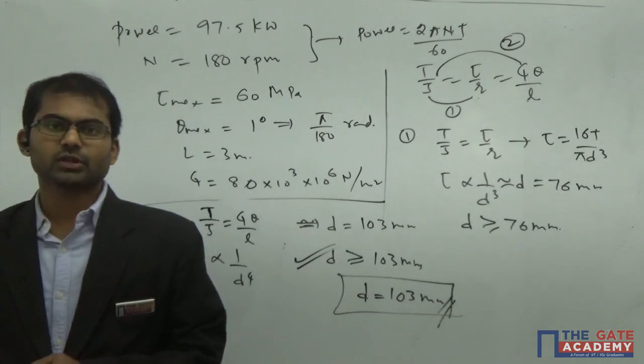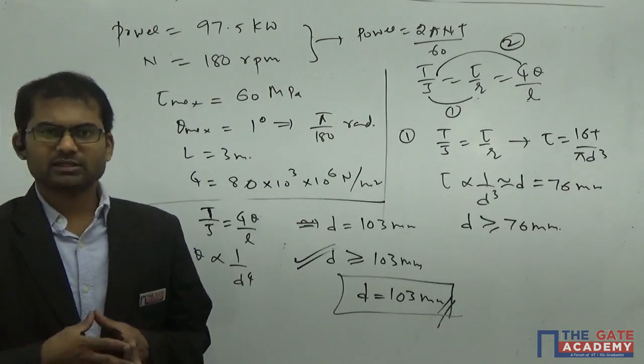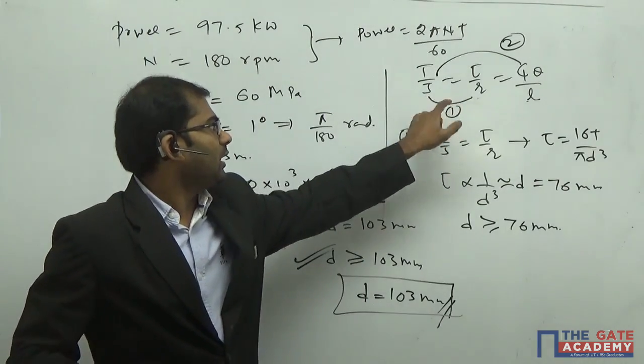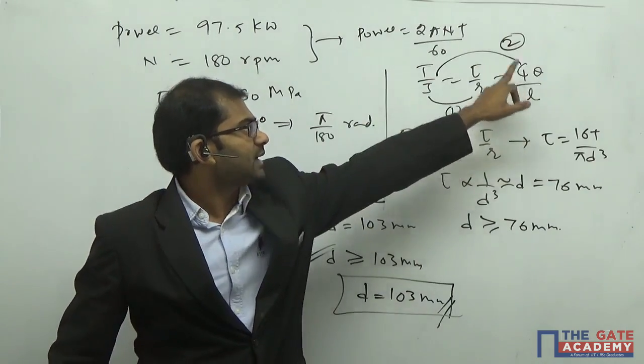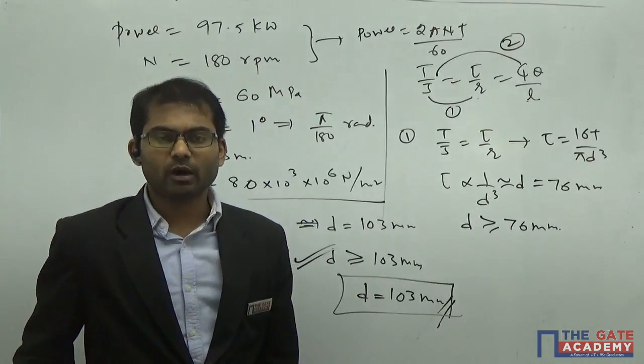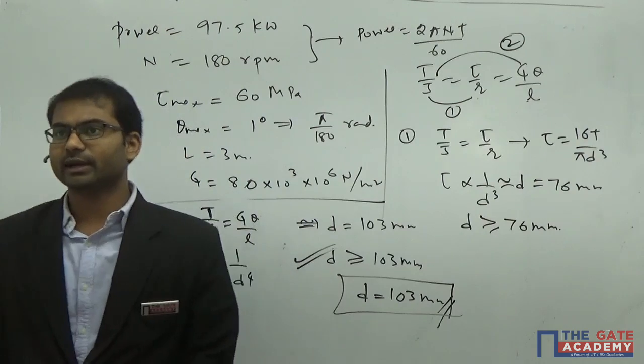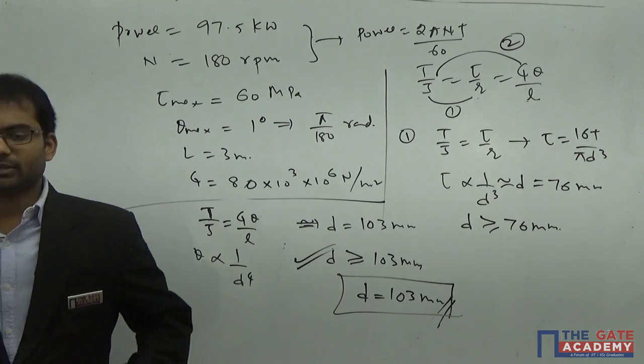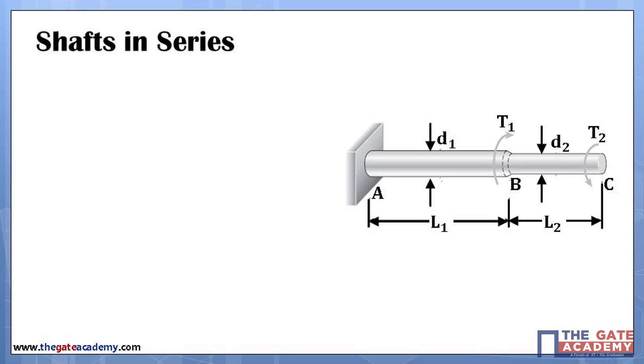Understood? This is how you're going to solve this question. All the previous GATE questions are simply based on this formula itself. You take this one or you take the second equation, and based upon the formula they have the questions. So you don't need to worry about that part. Understood? Clear? Now we are entering into the next part, shafts in series.